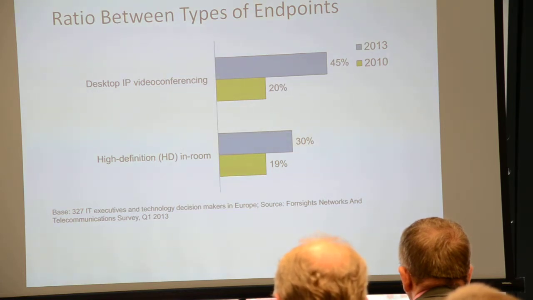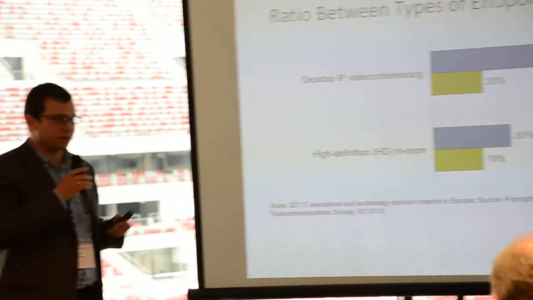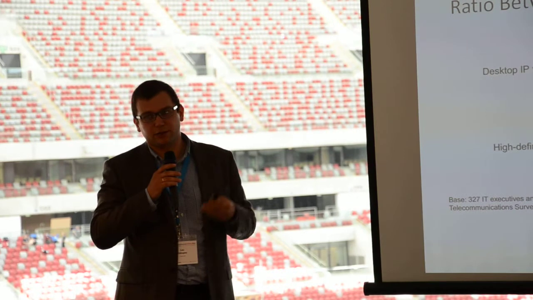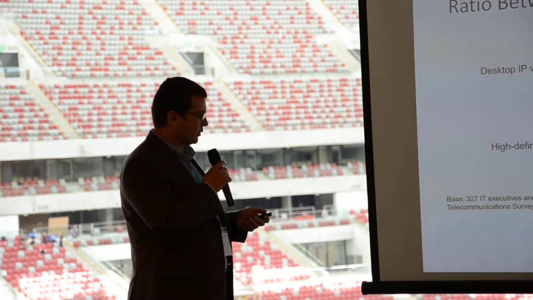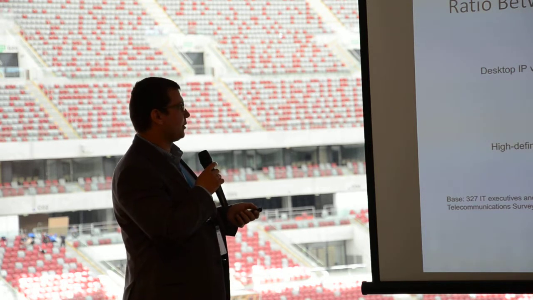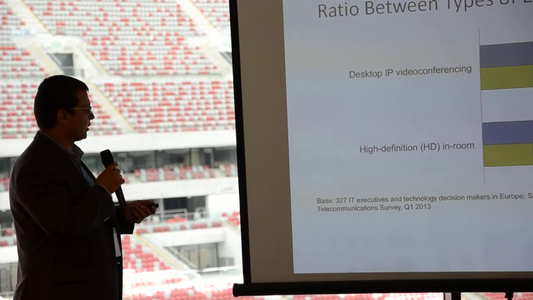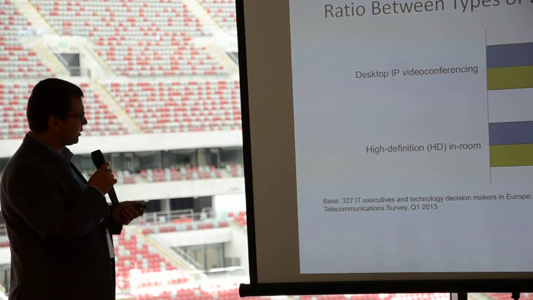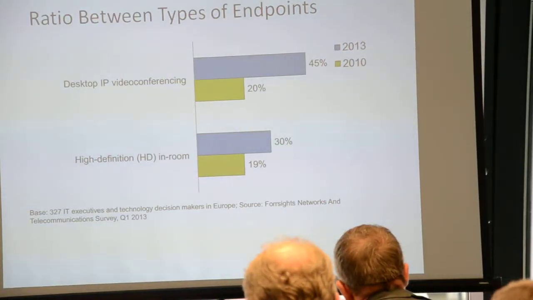But after 2010, with the Core 2 Duo and the i series of Intel processors, the software video conferencing market started to develop really fast. And based on last year's results, the situation changed dramatically. Almost half of video conferencing sessions happen on desktops. It's a growth of 45% compared to previous years.